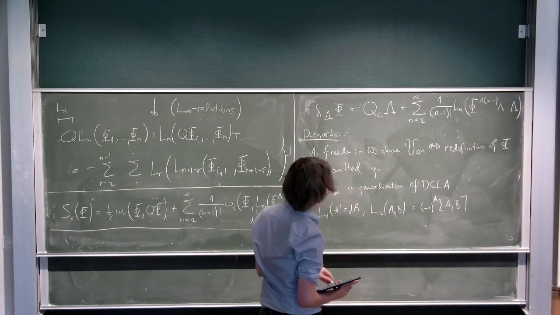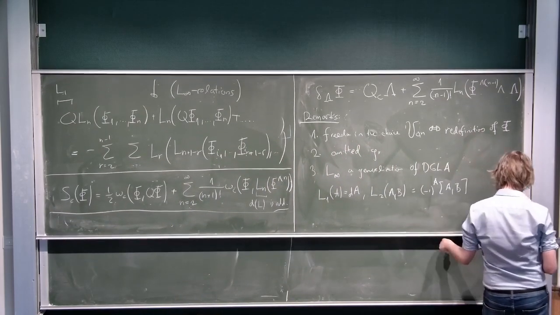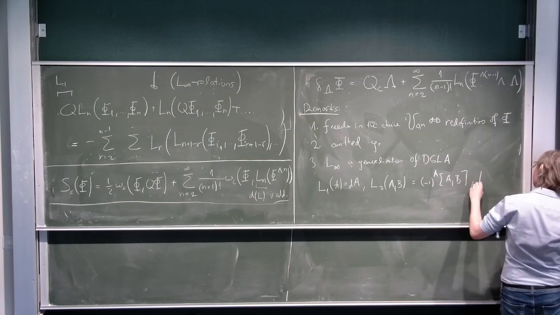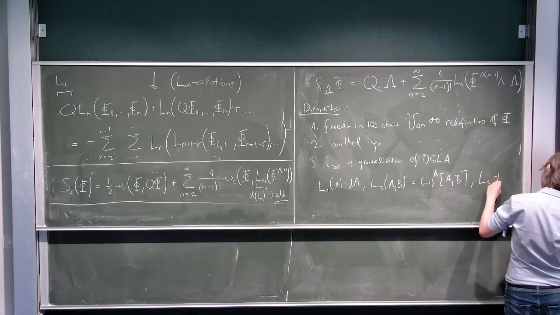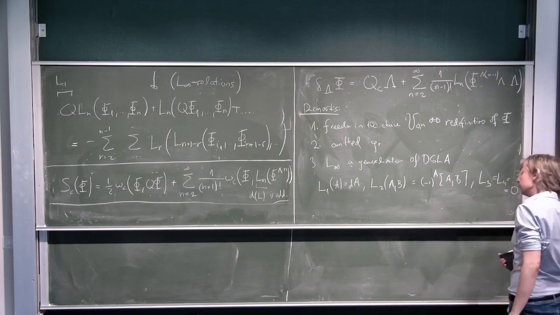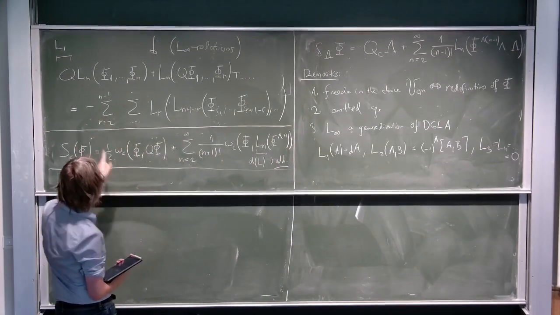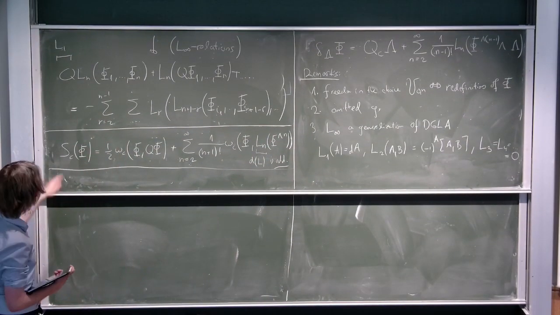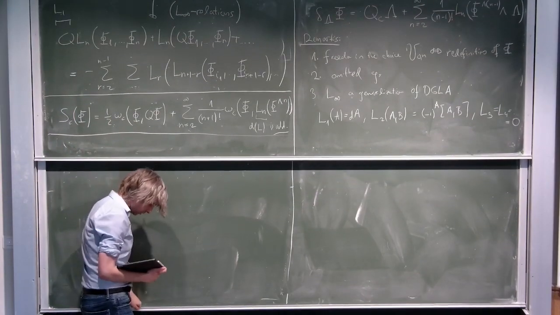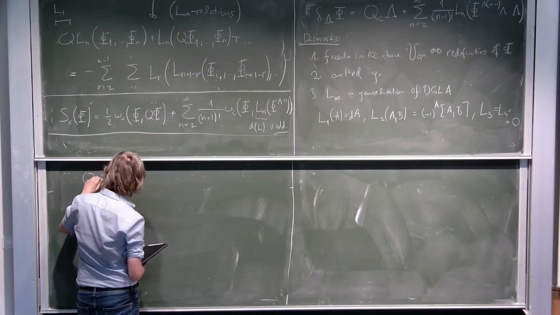It's a product which takes you from two copies of your space to a single copy. And if you set all these L3, L4, etc. to 0, then the first couple of L-infinity relations which you obtain, by fixing the value of n, precisely give you the relations of the differential graded Lie algebra.